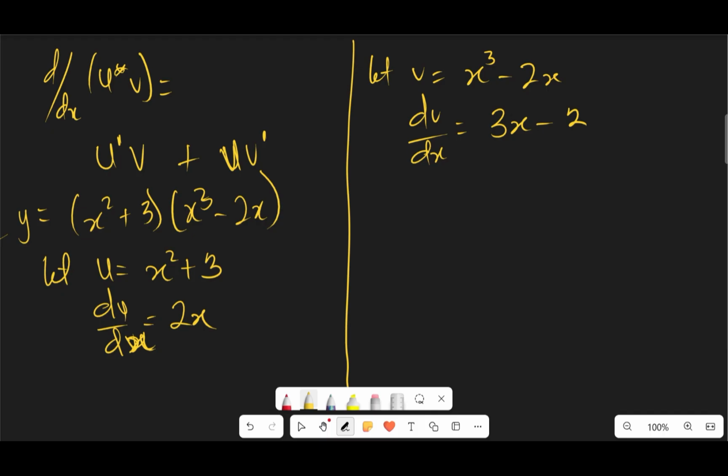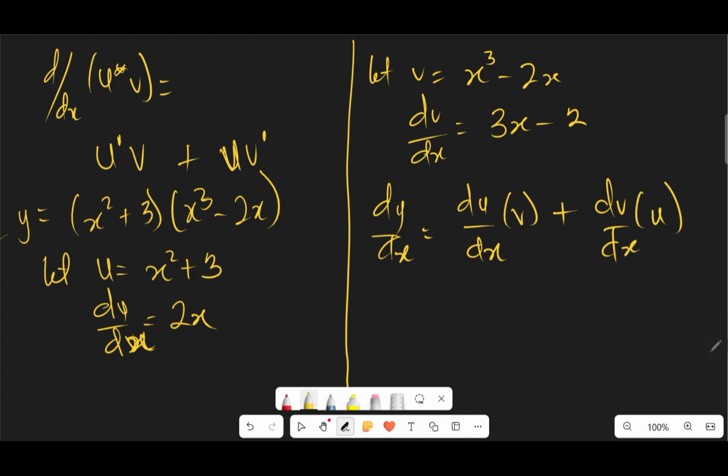Now from there, the rule is telling us that to find dy/dx, it is du/dx multiplying by v plus dv/dx multiplying by u, and that will give us our answer. So our dy/dx will be equal to, now du/dx we got 2x, so I write my 2x.